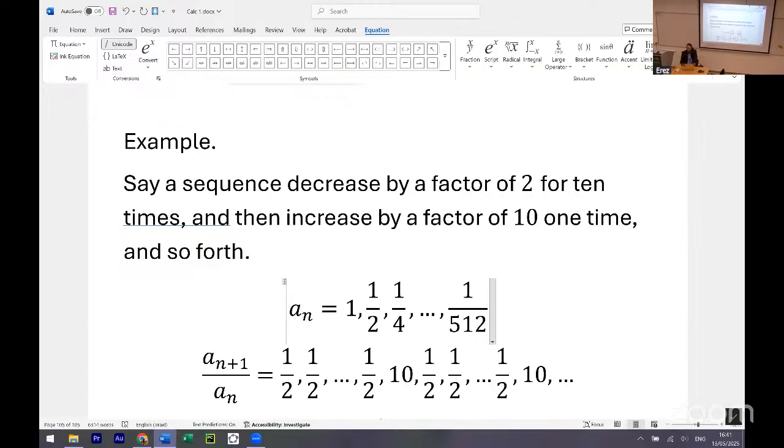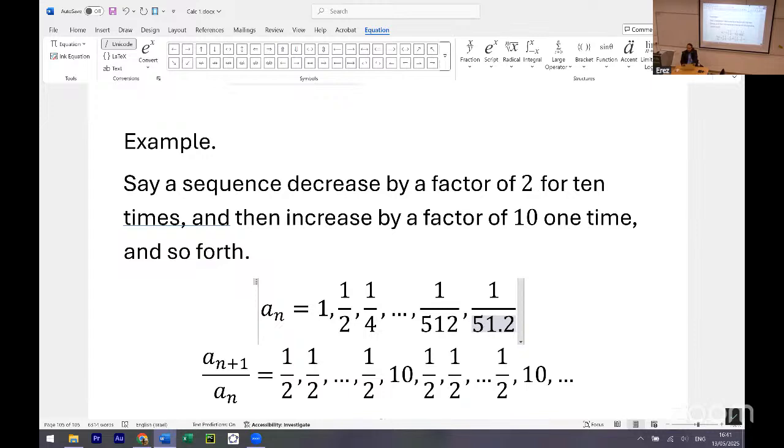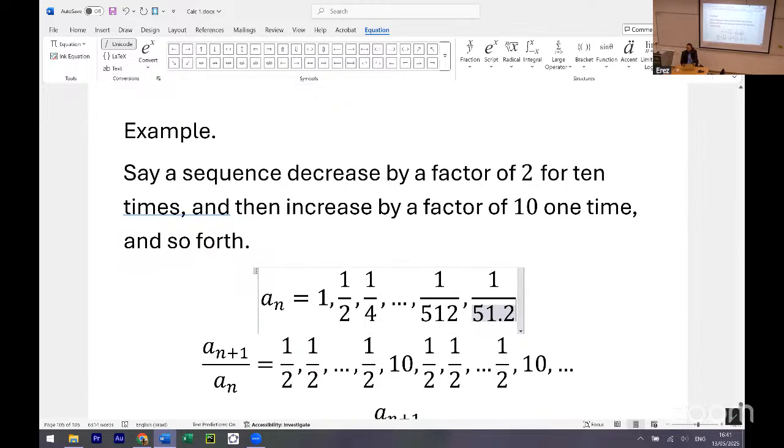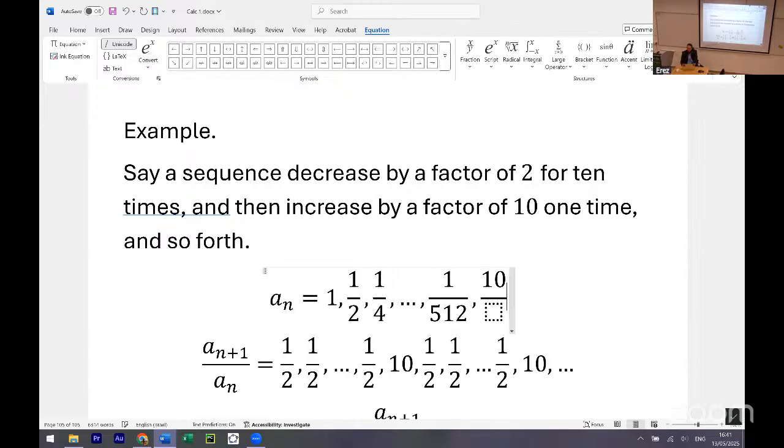No, because the first one is 0-based. By computer science, you should know this. And then you multiply by 10, and you get 10 over 512, that's 51.2. Yeah, it is. You know what? I agree. It doesn't really matter.